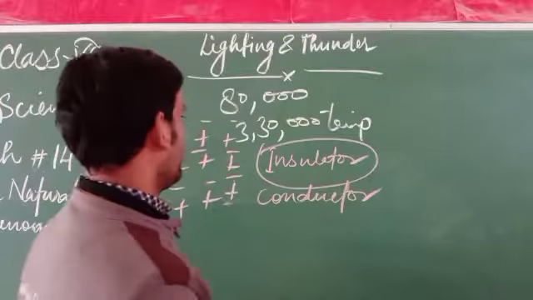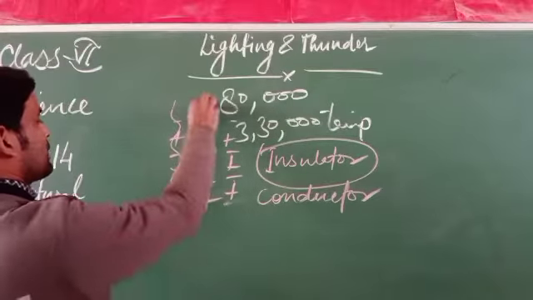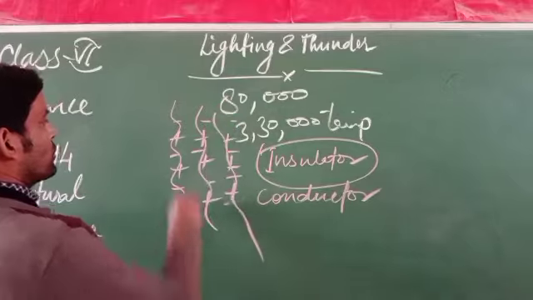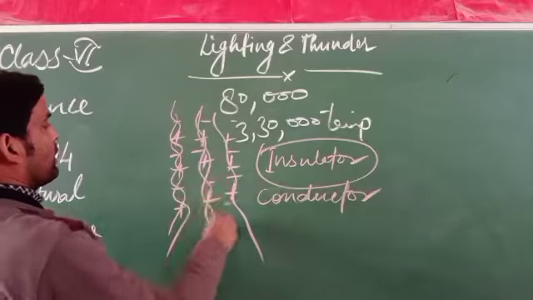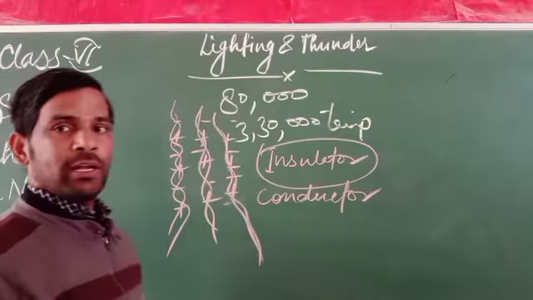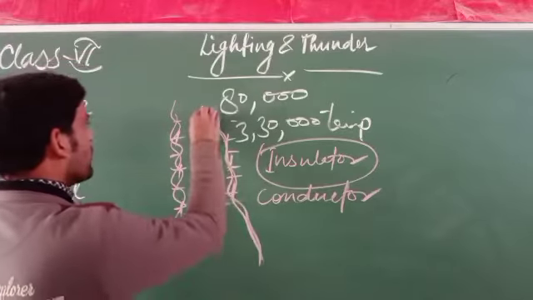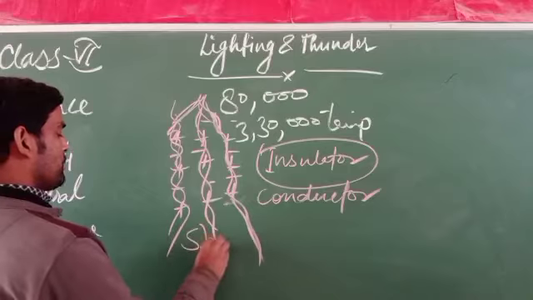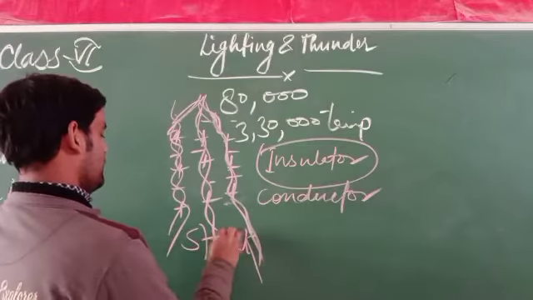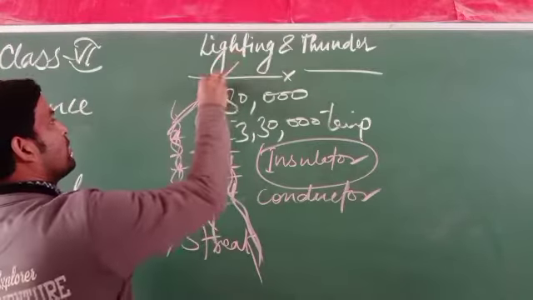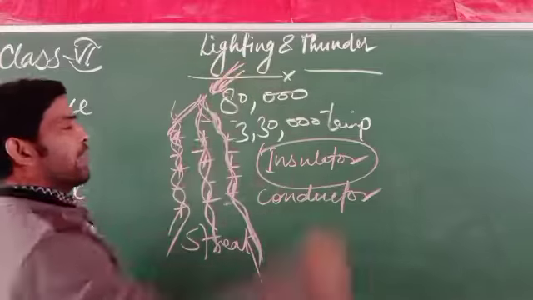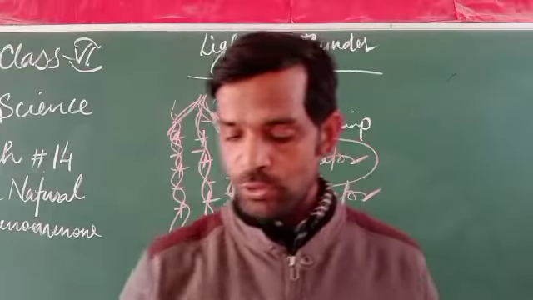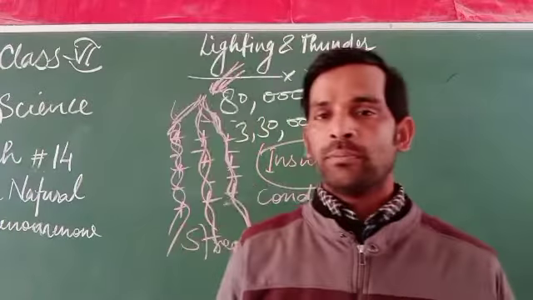From this air, the charges flow to the earth or from one cloud to another, and when they strike, you can see the streak of light. This is said to be lightning. How lightning is produced, I will tell you about.